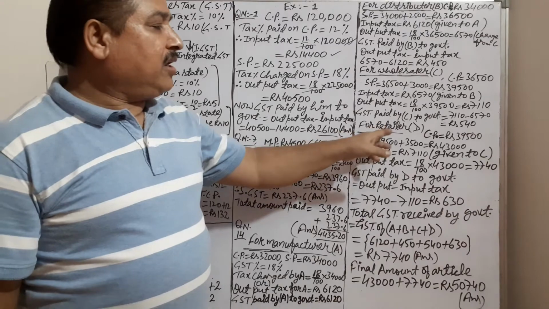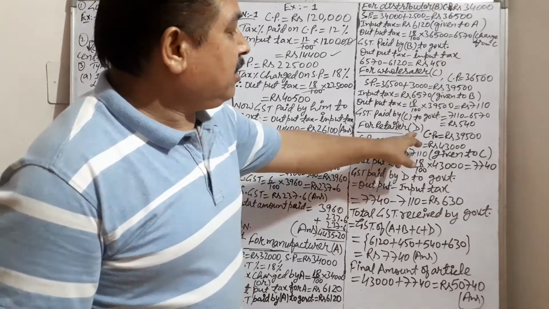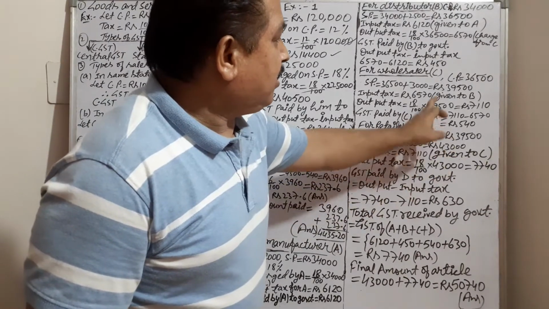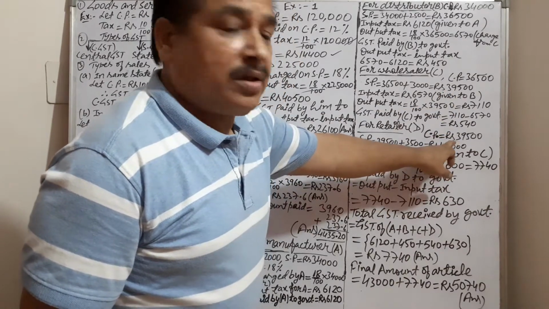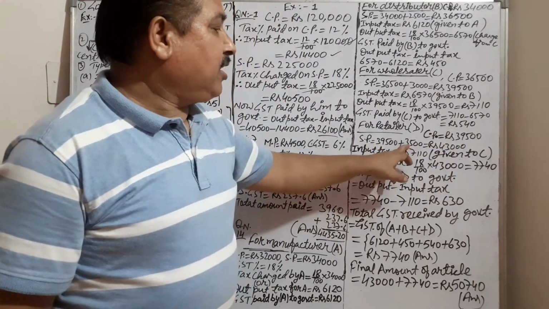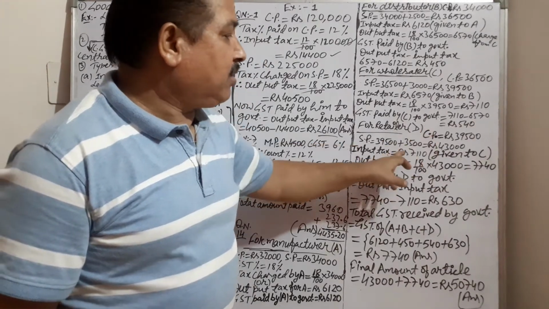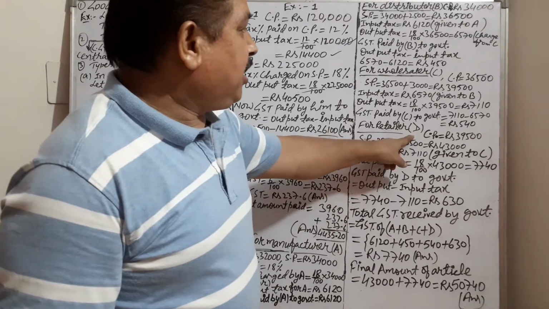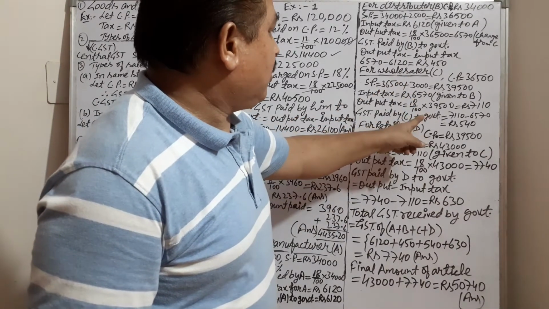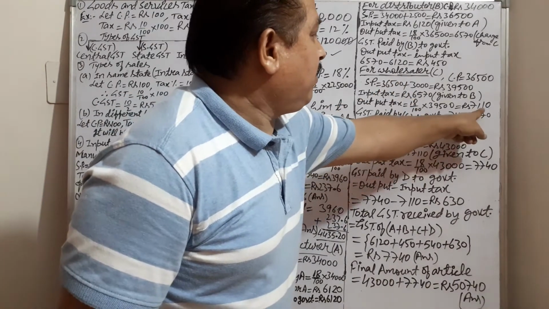Now the fourth seller is a retailer, denoted by D. The cost price for D will be the same as the previous selling price, and the selling price is 3500 more than the cost price. Now the input tax paid by D to C is how much? This is 7110.